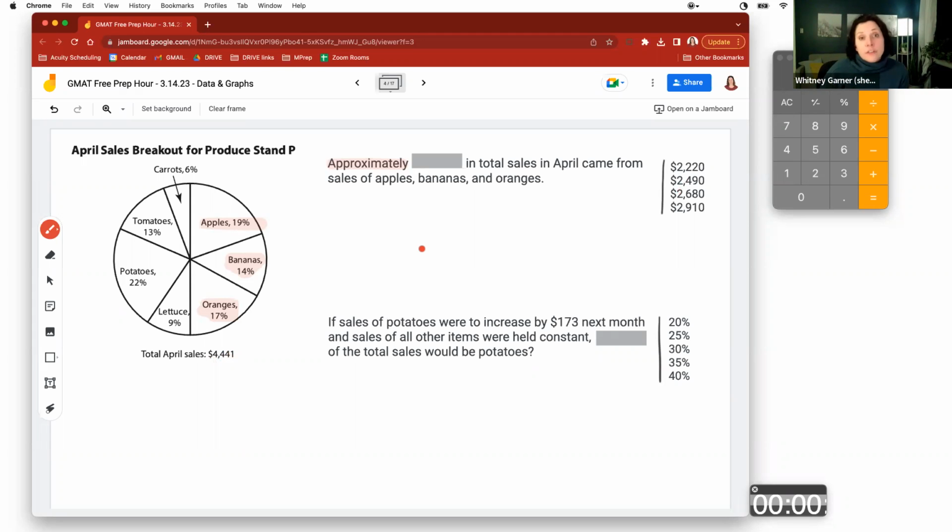Cool. So I got another suggestion, which was, instead of taking 19% of the total and 14% of the total and 17% of the total and then adding them, one thing just to prove that you can do this, if I were taking 19% of a total and adding that to 14% of the total, and then adding that to 17% of the total, the fact is I could, if I wanted to, factor the total out.